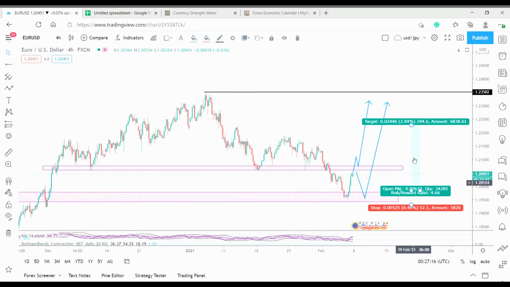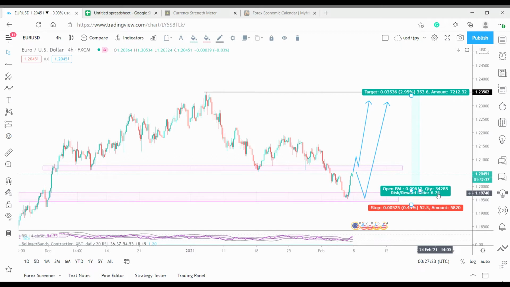That will put us in a much better position where we can have 1 to 5 or 1 to 6 or even over 6 risk to reward ratio setup.